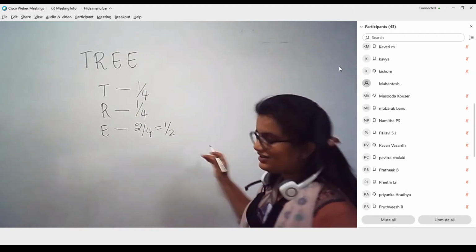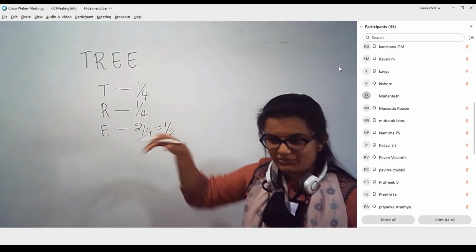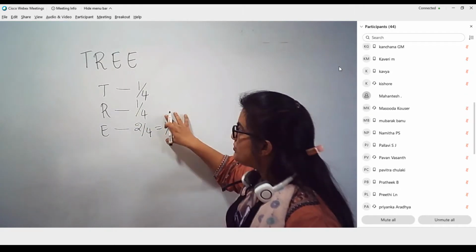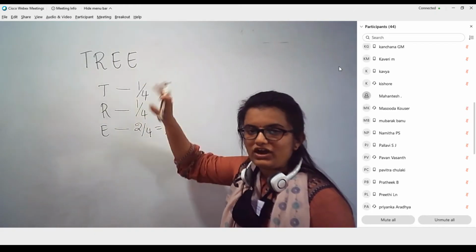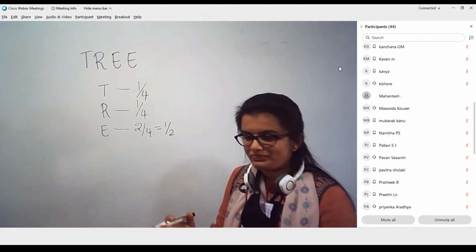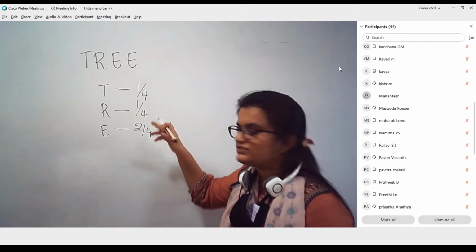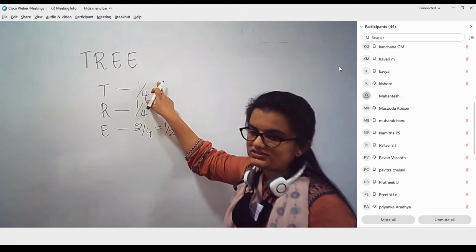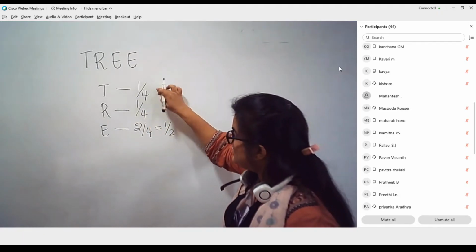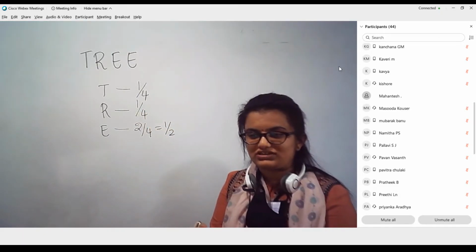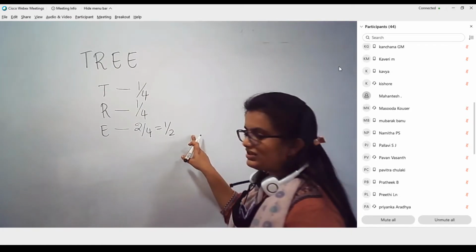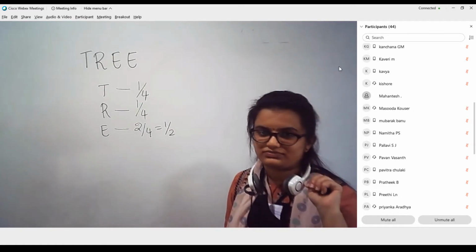I will come to that topic later. Depending on the probability of their occurrence, we assign the length of the code. The probability of occurrence of E is larger compared to T and R, so these two will have a common length. Let's suppose it is around 3 bits, and this will carry only 2 bits.